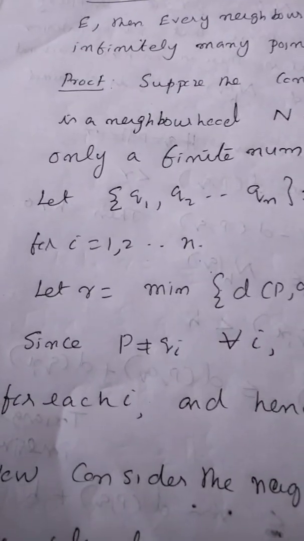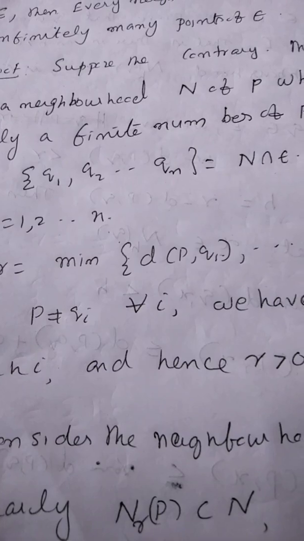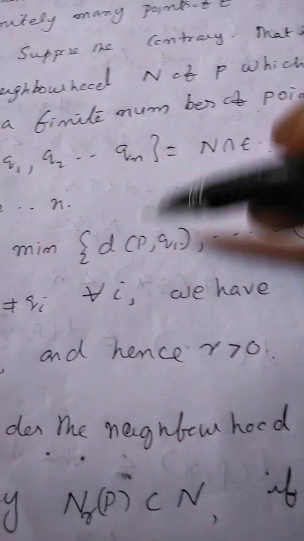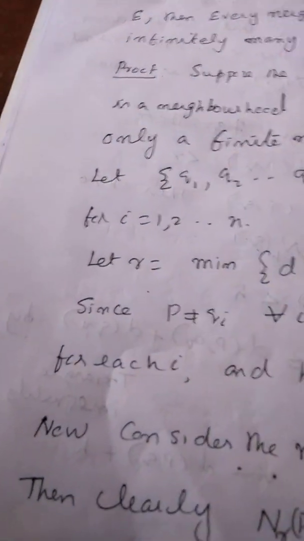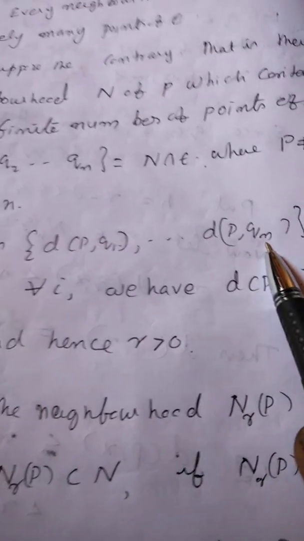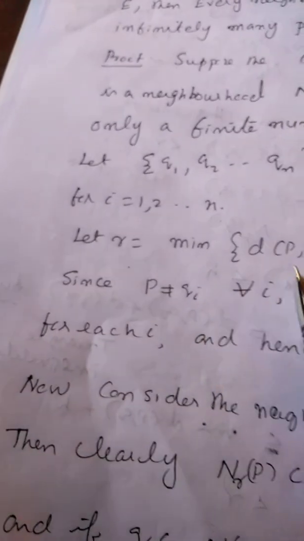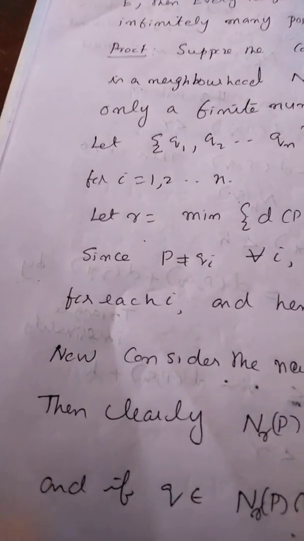Then, since p is not equal to q_i for each i, we have d(p,q_1), d(p,q_2), ..., d(p,q_n) are all positive numbers, and a minimum of a finite number of positive numbers is positive. So, if we take r to be equal to the minimum of d(p,q_1), ..., d(p,q_n), then this r is greater than 0.